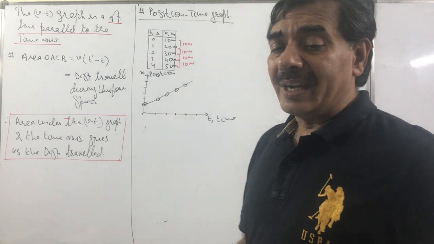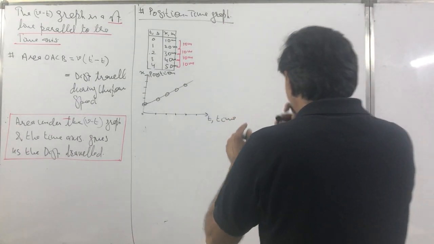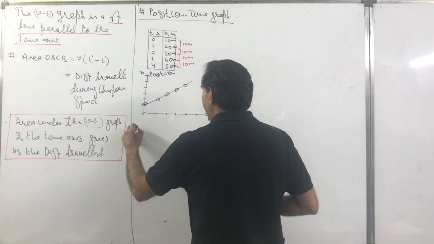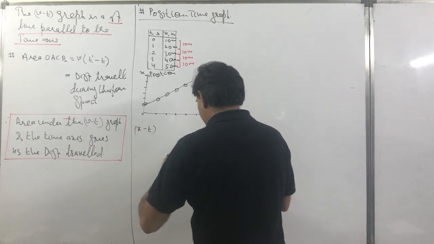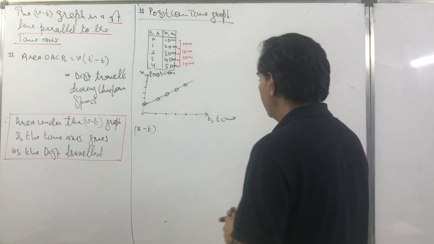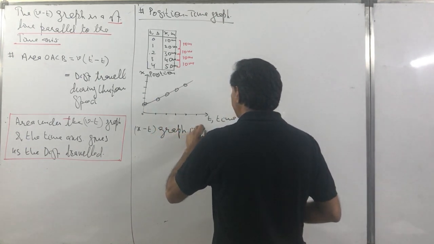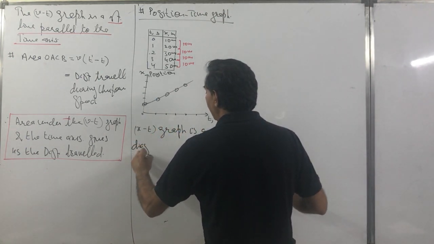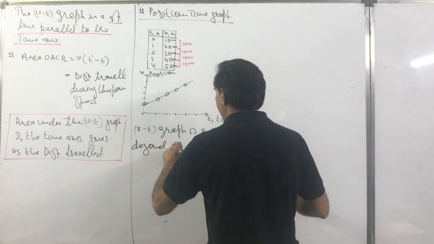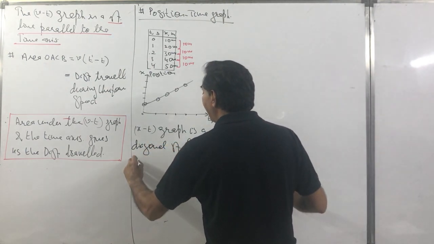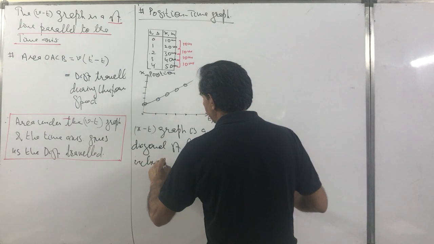The XT graph is a diagonal straight line inclined to the time axis.